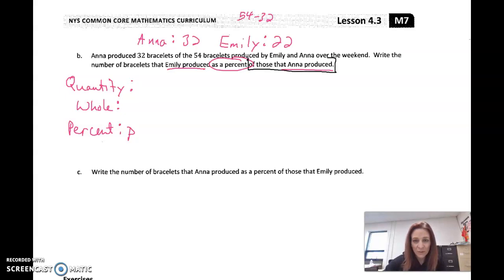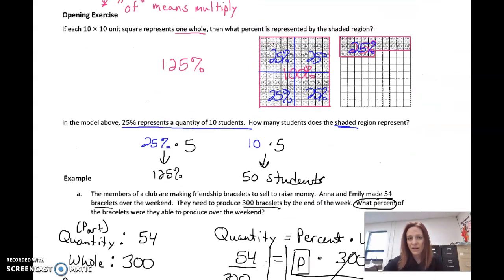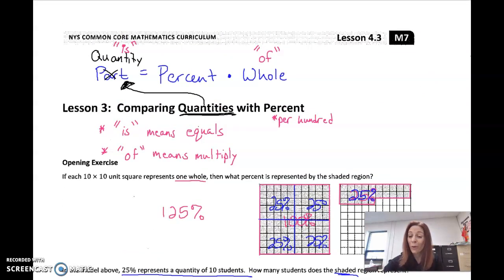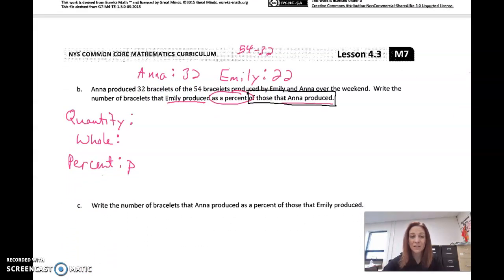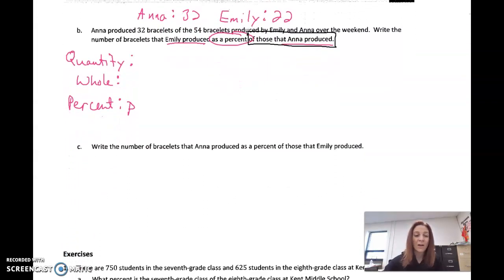Of, remember, is our whole. So even if you can't quite figure out what the total is on this one, look for the keywords, okay? Whole is going to be Anna's 32, which by process of elimination means quantity is going to be Emily's 22.